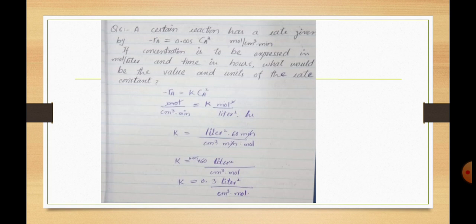The equation also gives 0.005 CA power 2, so we multiply 0.005 into 60 to get the value of the rate constant. We take 60 in this equation just to eliminate the minutes from these units, to make the units of the rate constant.